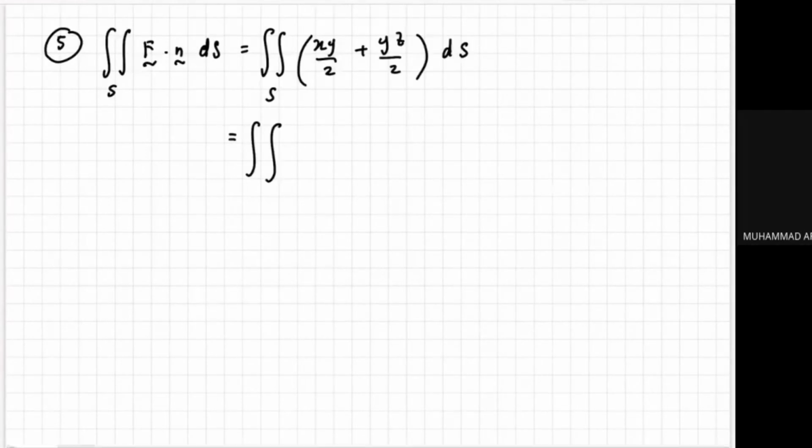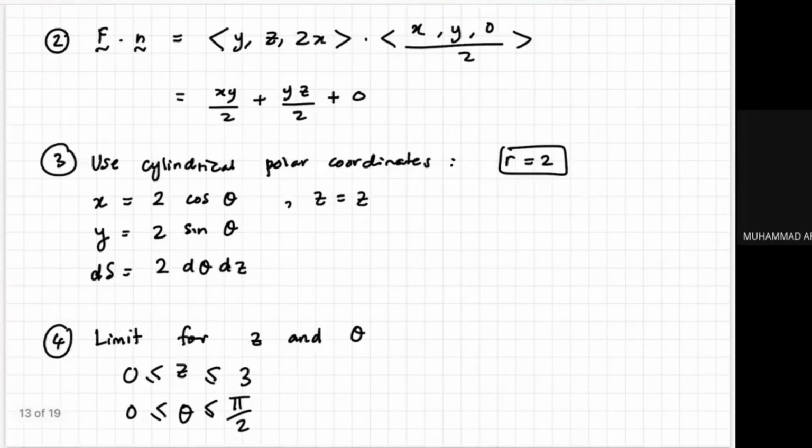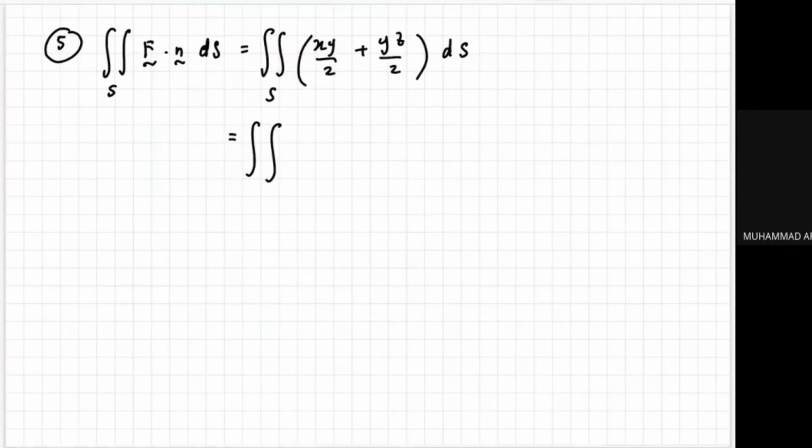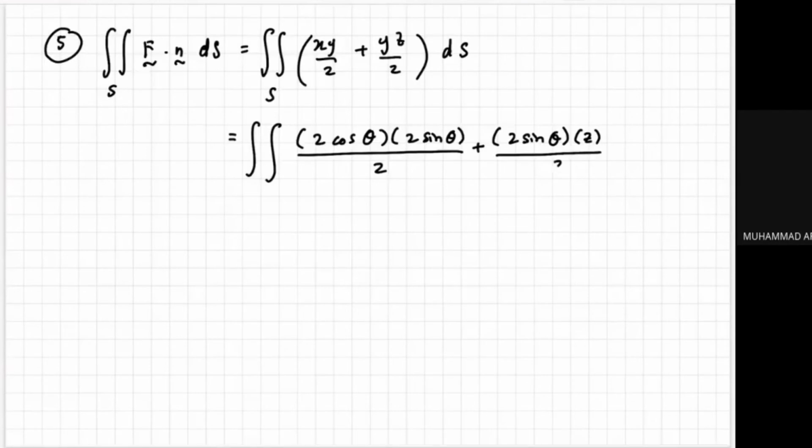Substitute x, y, z and ds into this equation: x is equal to 2 cos theta, y is equal to 2 sin theta, all over 2, plus 2 sin theta y, and z equal to z over 2.